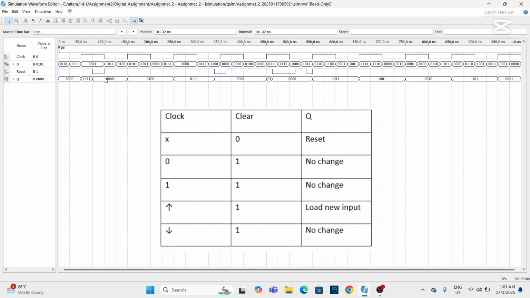So the output is reset, meaning it will be 0000. And during the second clock cycle, the register will load the input, which is 0100. And the same at the third clock cycle, the register will load the input.